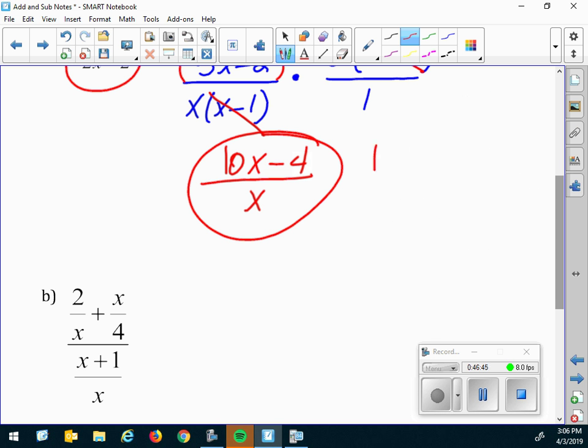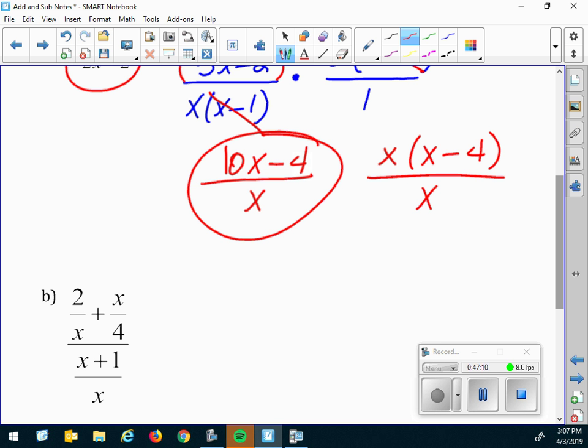What if it had said this? Do you see that numerator, that X is outside the parentheses? I can factor that X out.